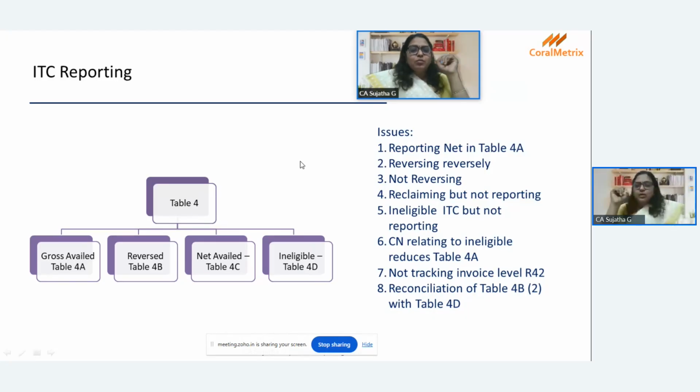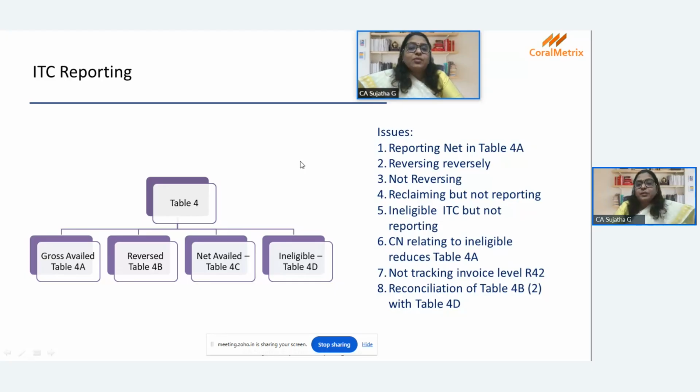When it comes to reversal, there are two types of reversals: temporary reversal and permanent reversal. When it comes to permanent reversal, if you are very confident that you are no longer going to avail that input tax credit, then there's no problem. You are free to reverse.